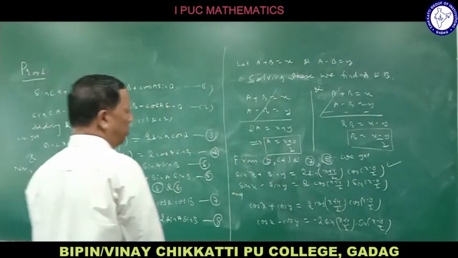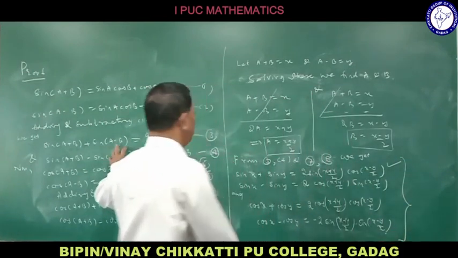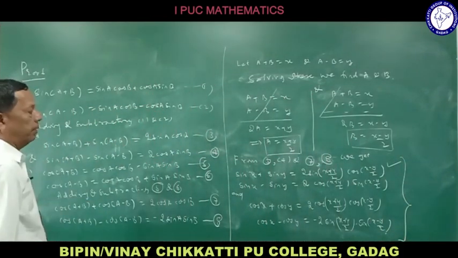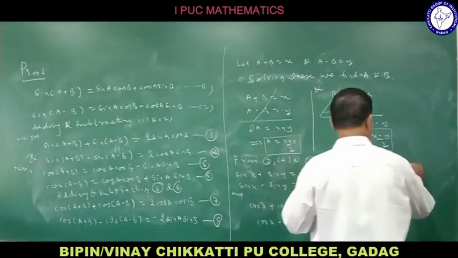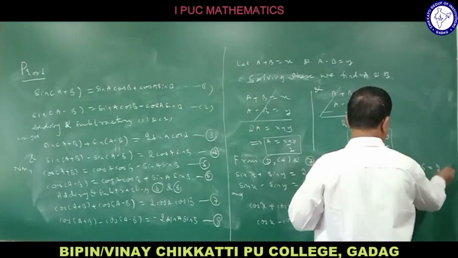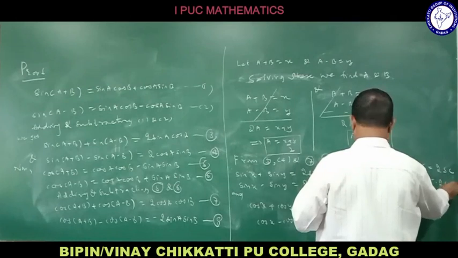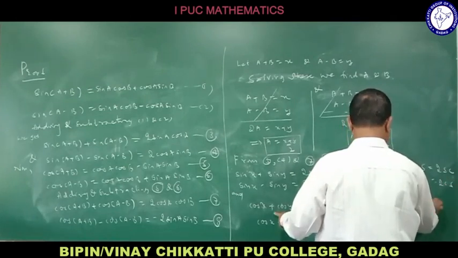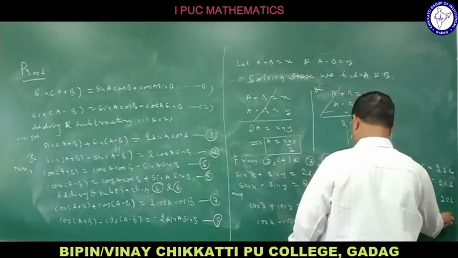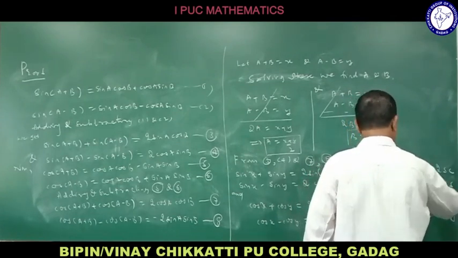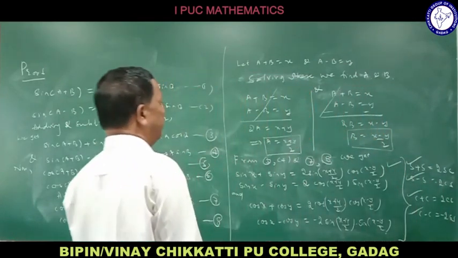So here you have got these formulae, whatever we are planning to derive. In a direct way: sin plus sin is equal to 2 sin cos, sin minus sin is equal to 2 cos sin, cos plus cos is equal to 2 cos cos, cos minus cos is equal to minus 2 sin sin. So these formulae have to be remembered to write the results.